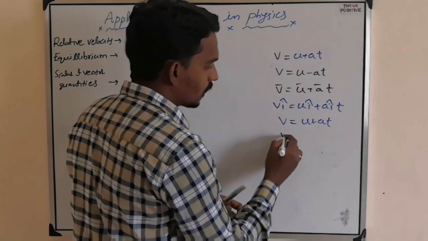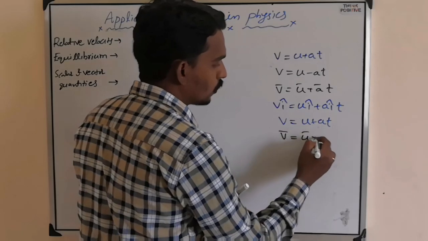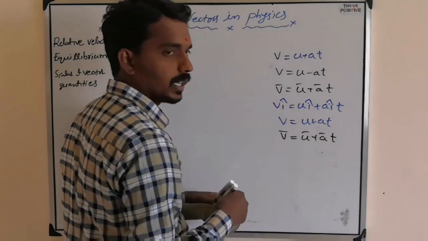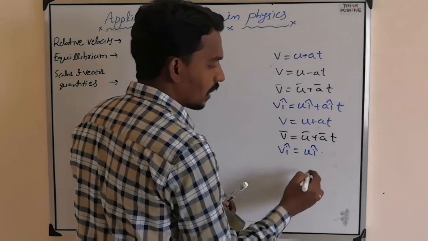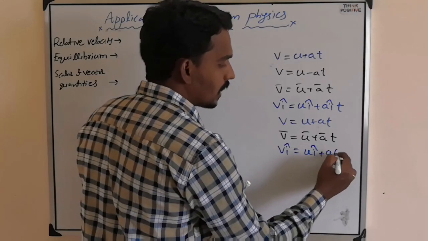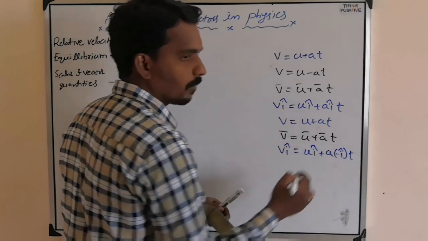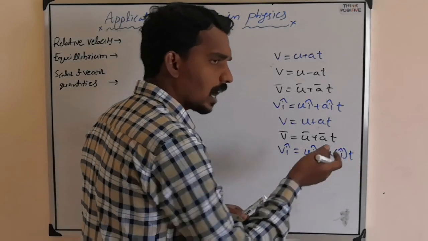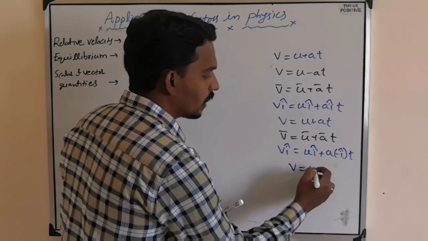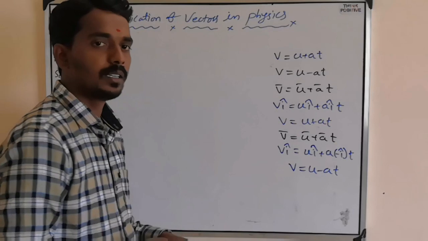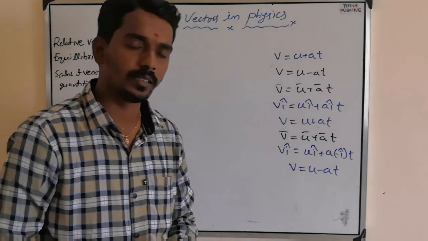That means you will write V bar equal to U bar plus A bar into T, as V bar is V I cap, U bar is U I cap, but A bar is A into minus I cap. Because acceleration is opposite, that's why minus I cap, then V will become U minus AT. That's why you will take U minus AT.